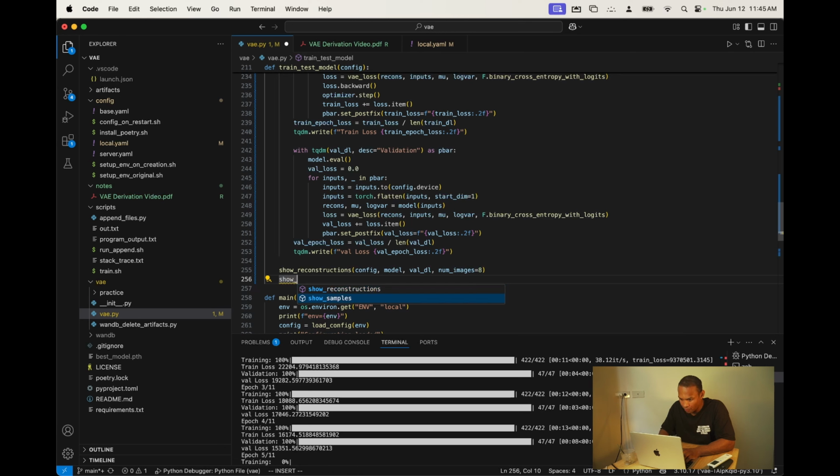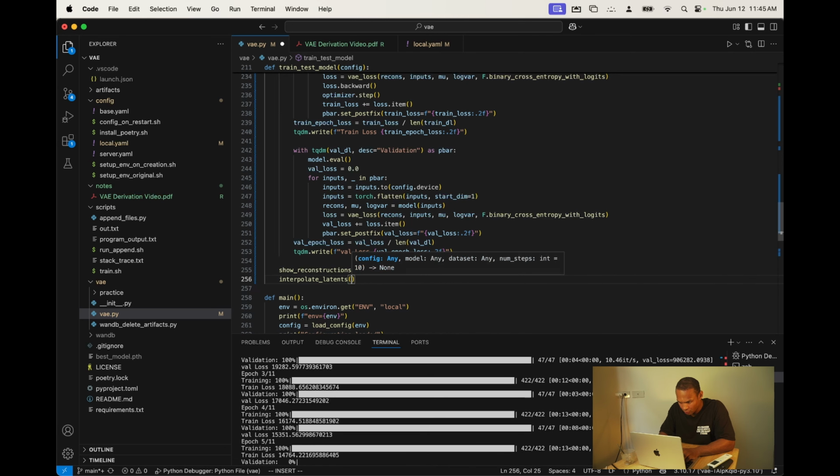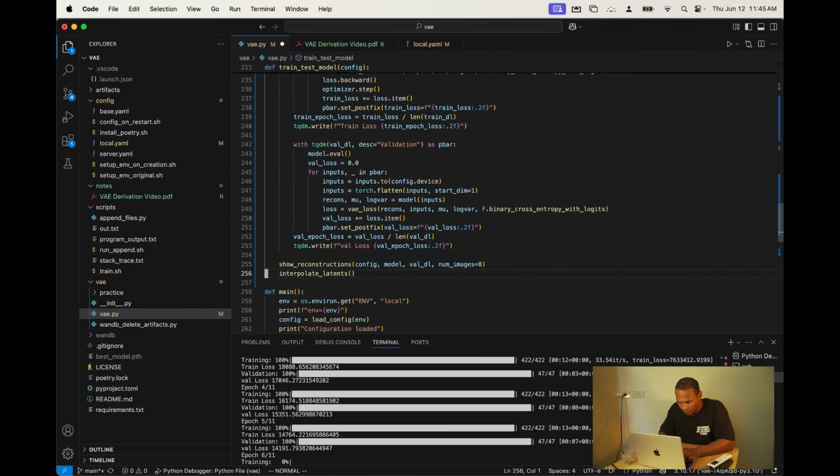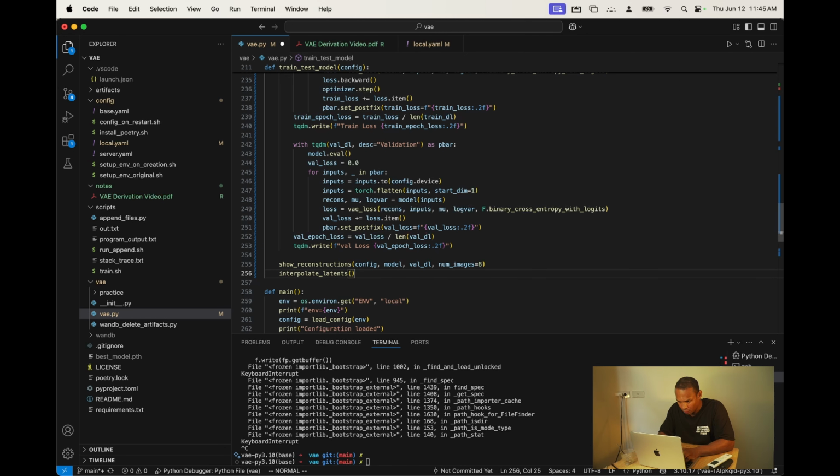Show samples, interpolate latents. Interpolate latents, config, model, dataset, num steps, 10.